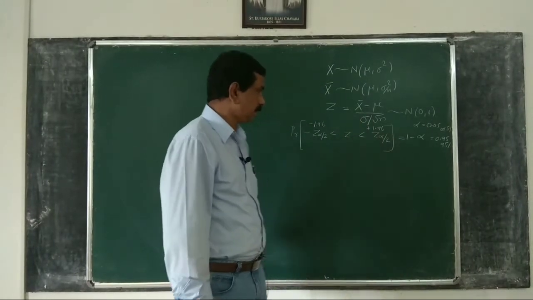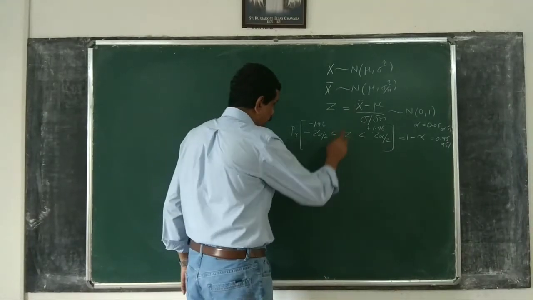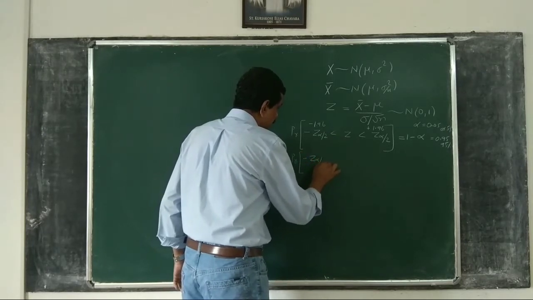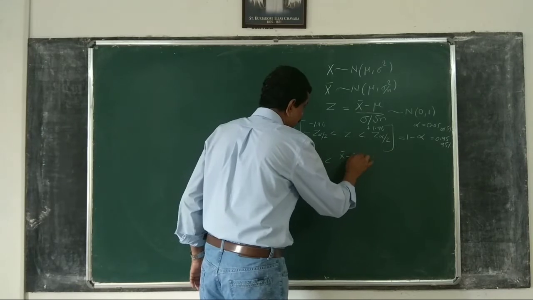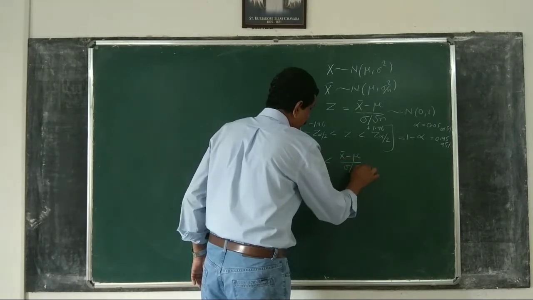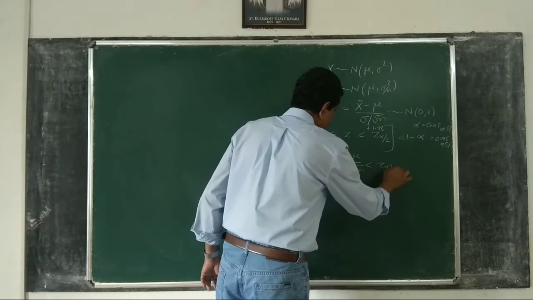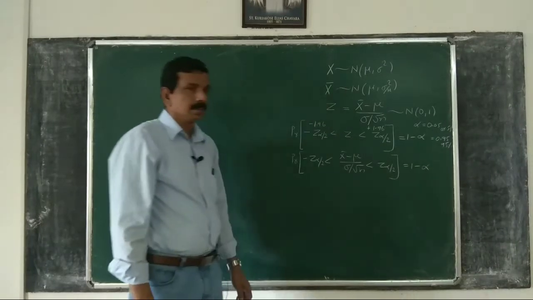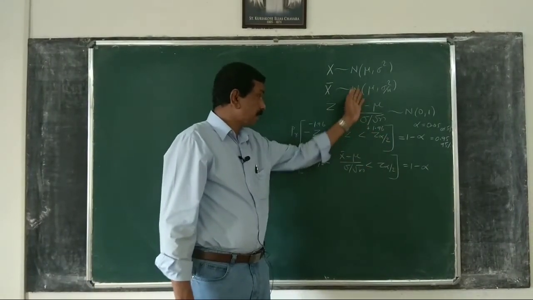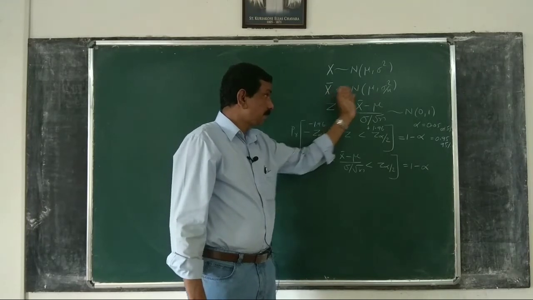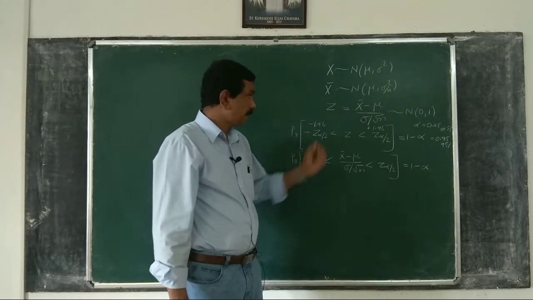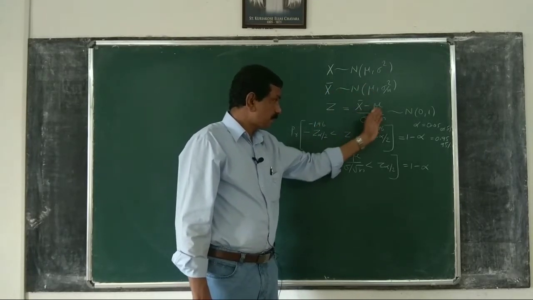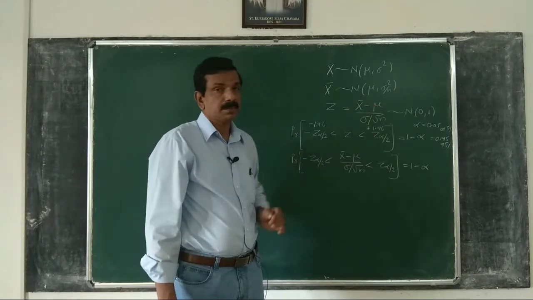So substituting for z, probability that minus z alpha by 2 less than x bar minus mu by sigma by root n less than z alpha by 2 is equal to 1 minus alpha. Remember this, we are considering the sampling distribution of x bar and the z derived from this sampling distribution to construct a confidence interval for the parameter mu.